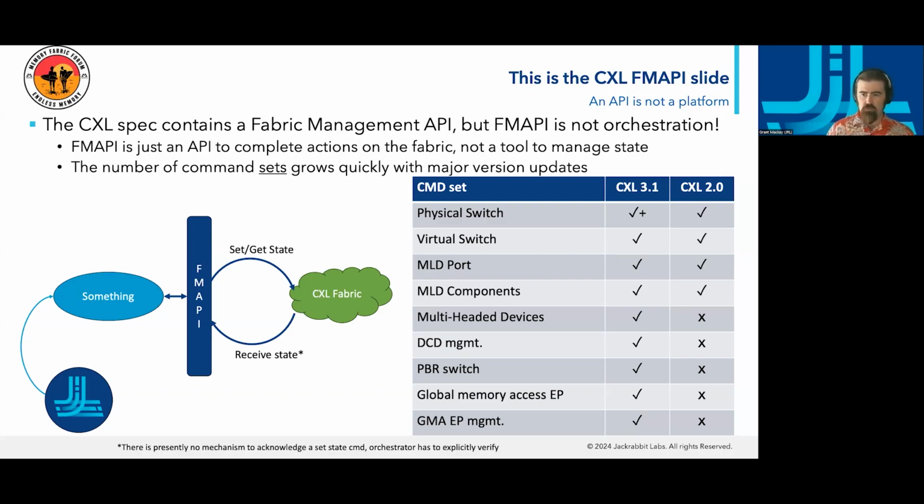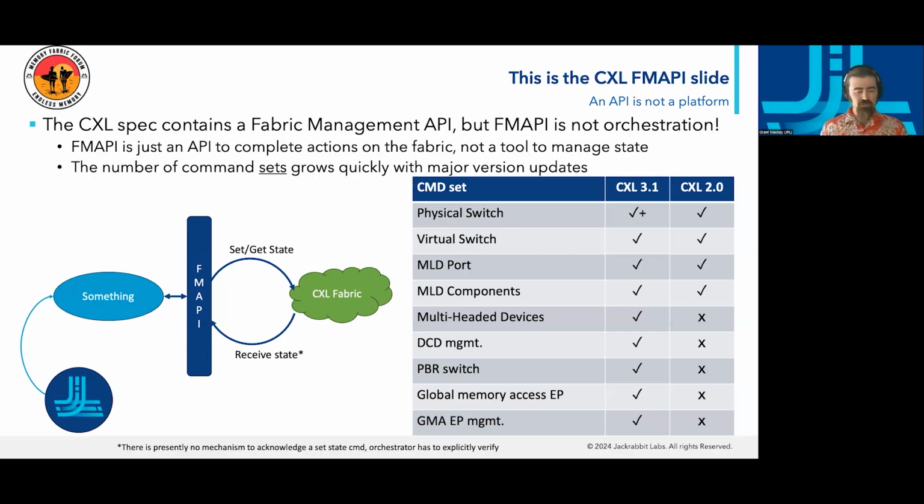So things that would consume this later, they don't want to know how to speak FM API, not only because it's specific to CXL and they have to manage yet another set of state beyond what they're already managing, but that command set grows quickly. In CXL 2.0, there were 4 sets of commands, sets, not 4 commands, but sets of commands. And in 3.1, which is out now, there's 9.